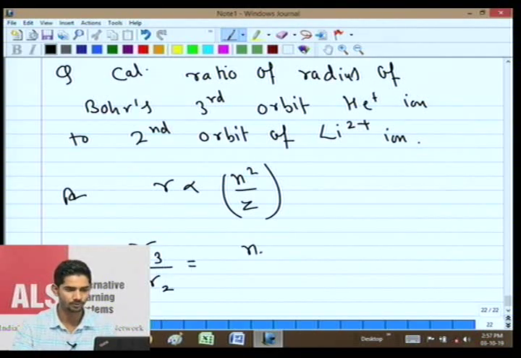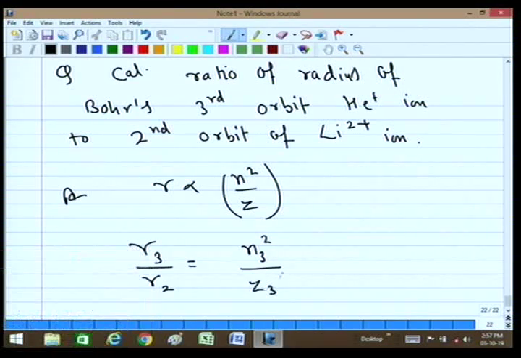So this is N3 square upon Z3, into Z2 upon N2 square.